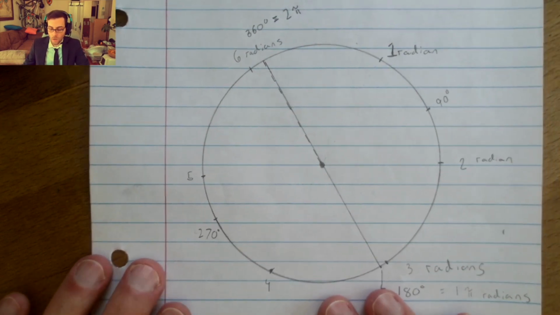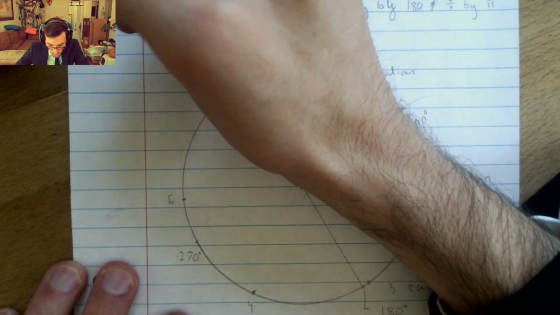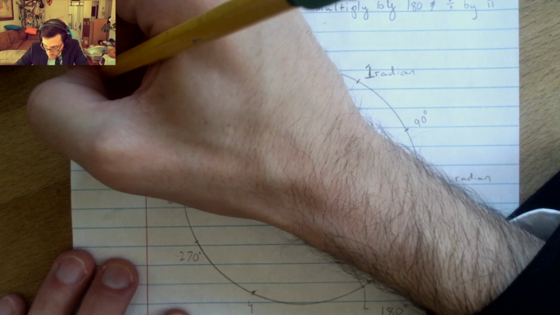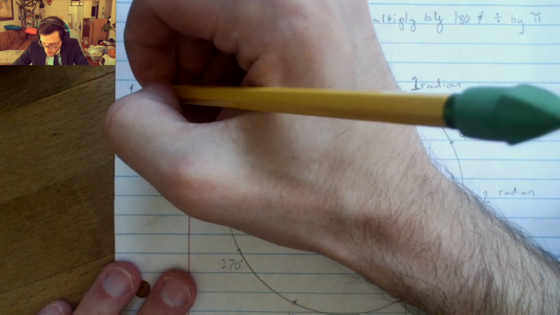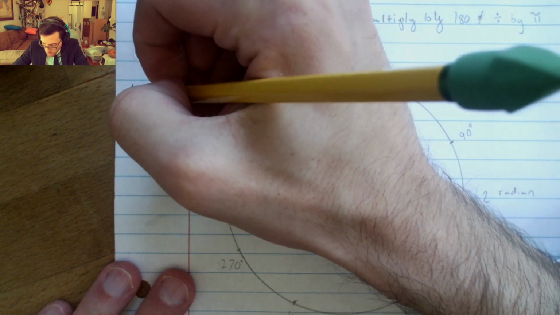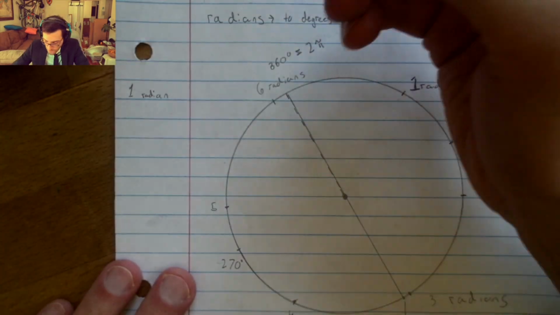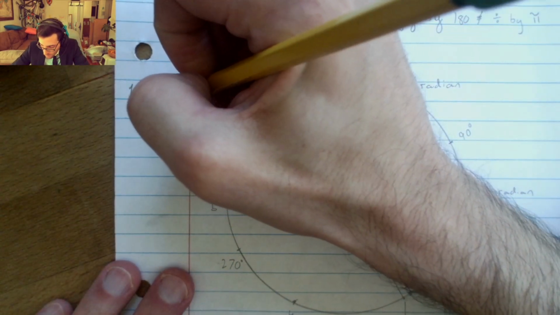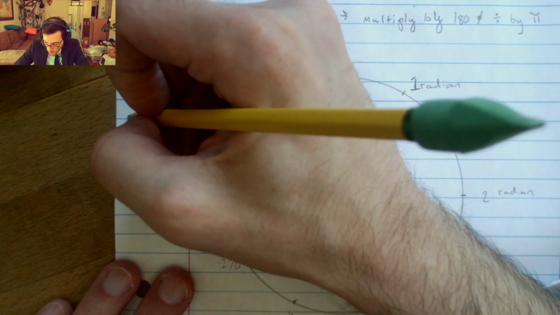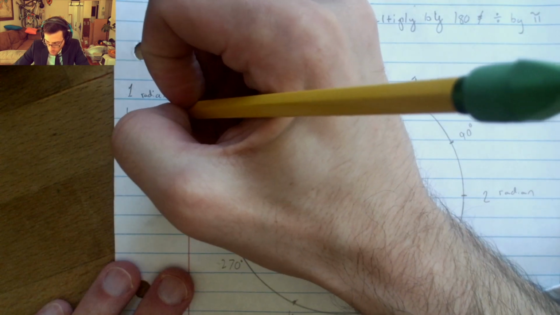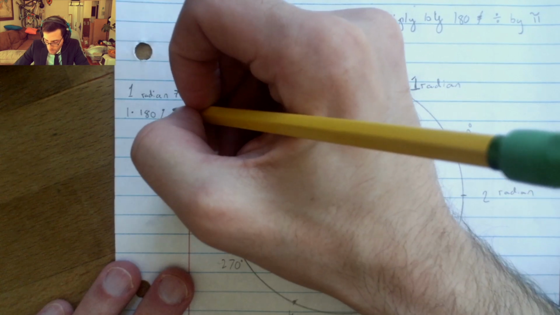If we wanted to work with, say, a measurement of 1 radian, and 1 radian being that string length, that radius length, if we're going to go to degrees, we're going to do 1 times 180, and then divide it by the number pi.